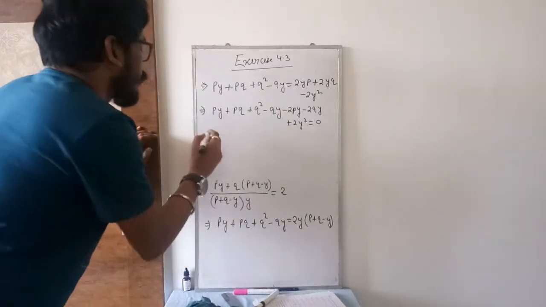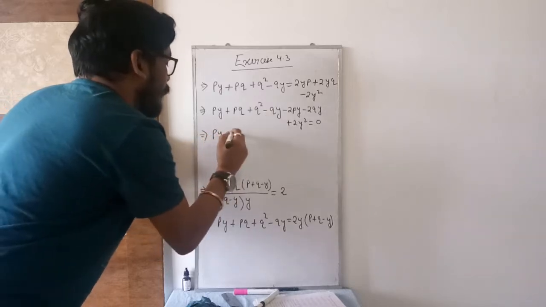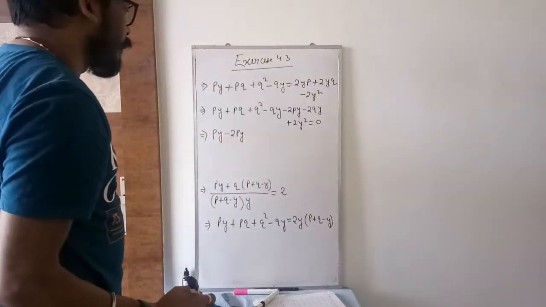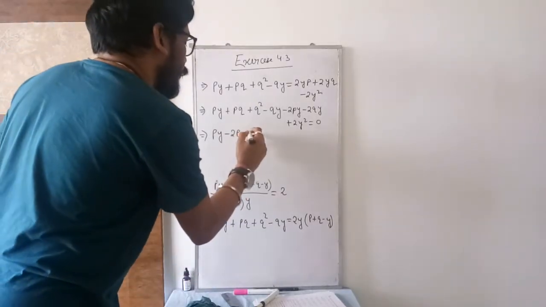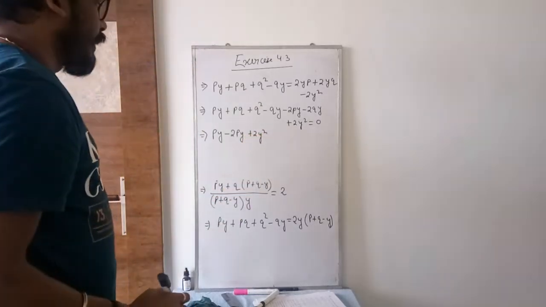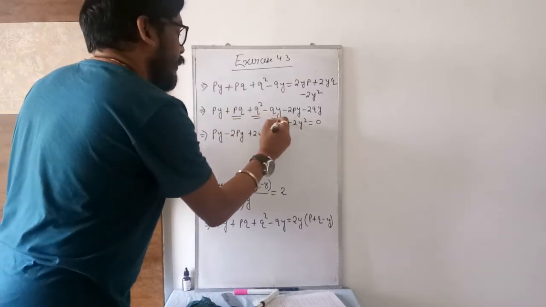So py minus 2py and plus 2y square, and the q terms put together: pq, q square and qy.